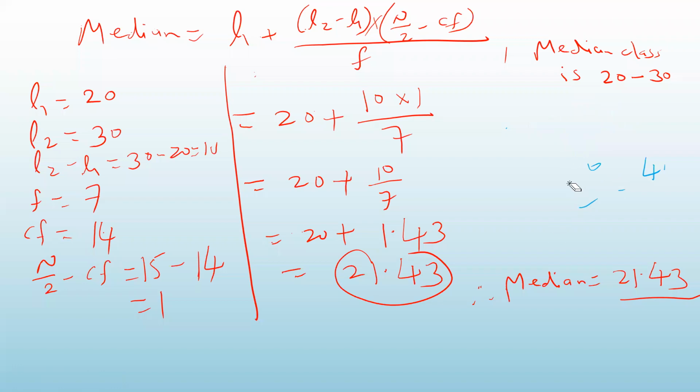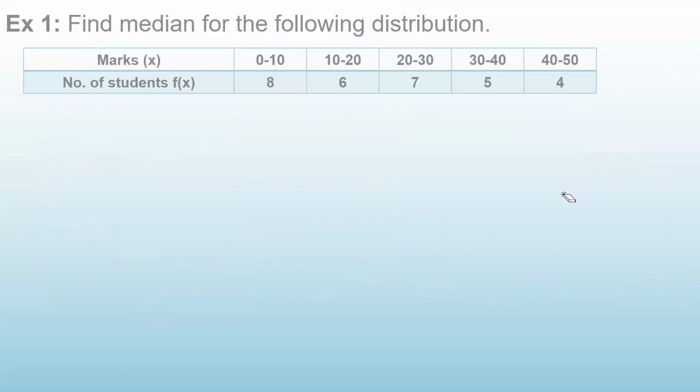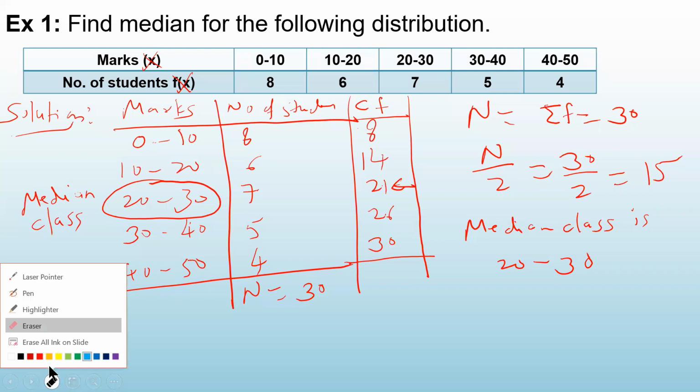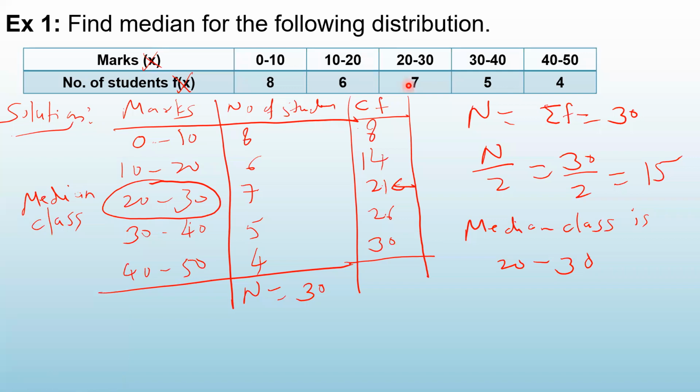So I hope you have understood how to find out median for group data of discrete type as well as continuous type. दोनों में पहले 3 स्टेप सेम ही हैं. पहले CF निकालो, उसके बाद N निकालो, फिर N/2. उसके बाद CF का कॉलम रीच करो. जब CF N/2 से बड़ा हो जाए वहीं पे स्टॉप करना है, and then see it is for which class.